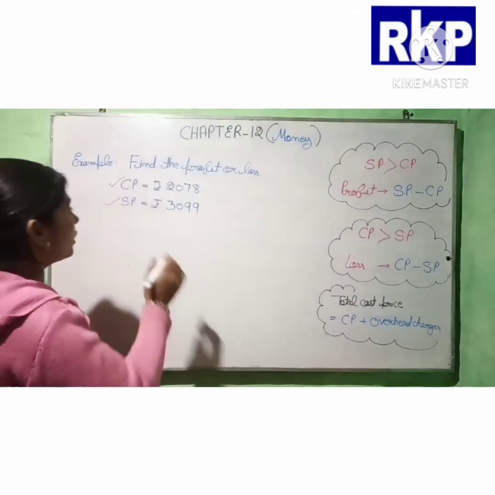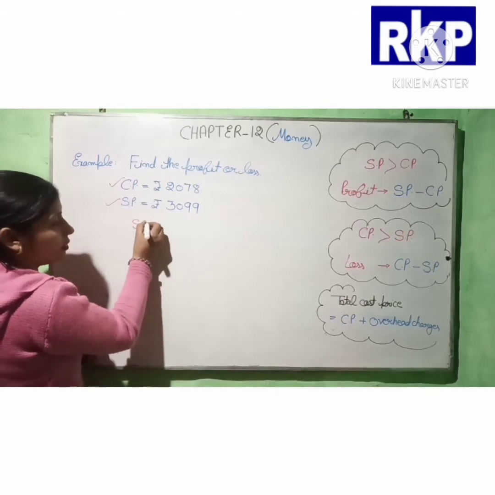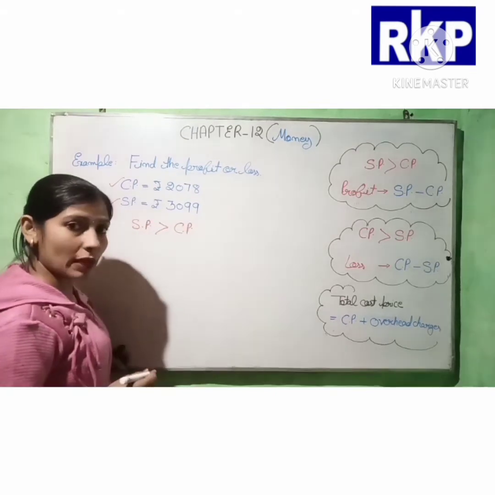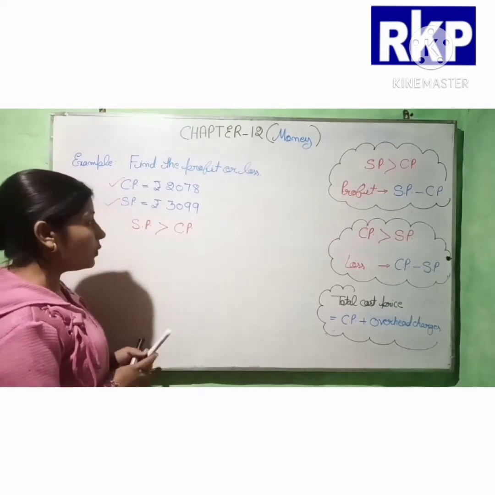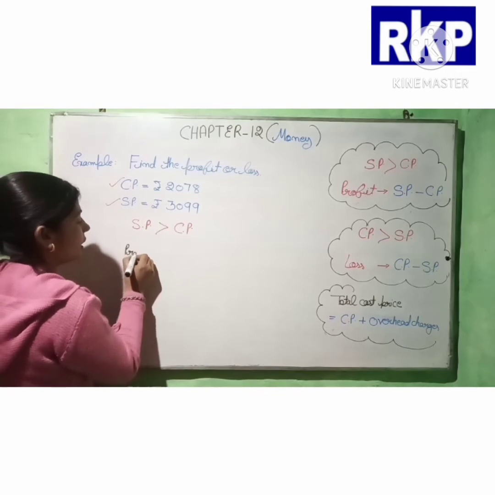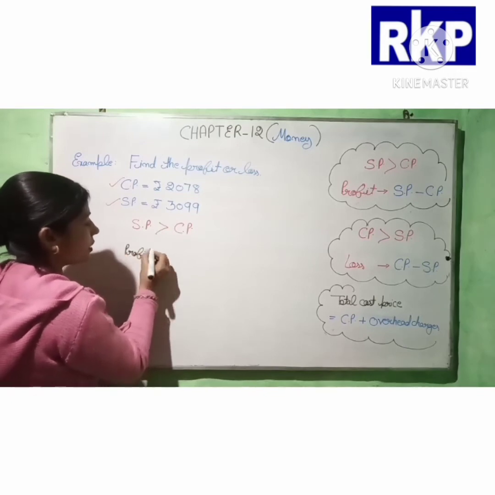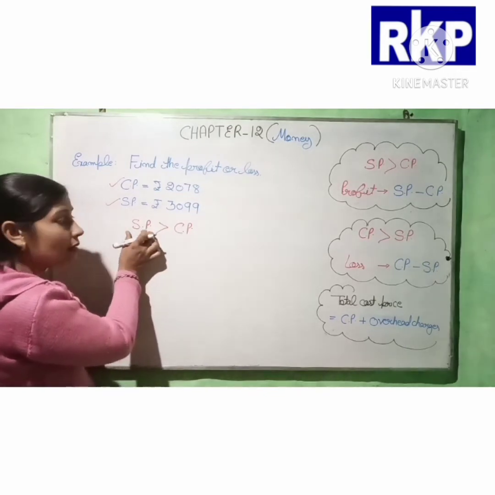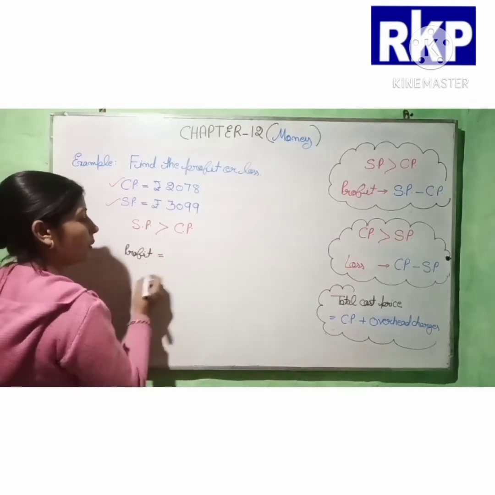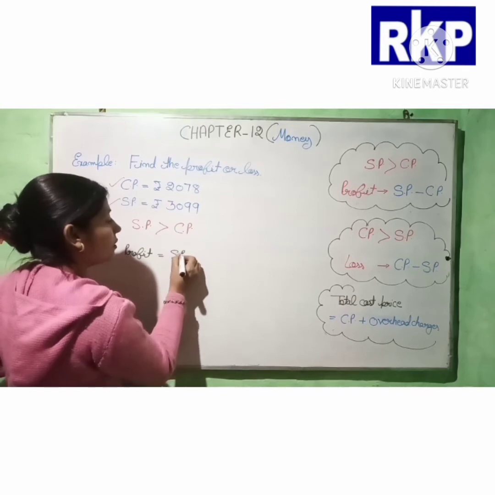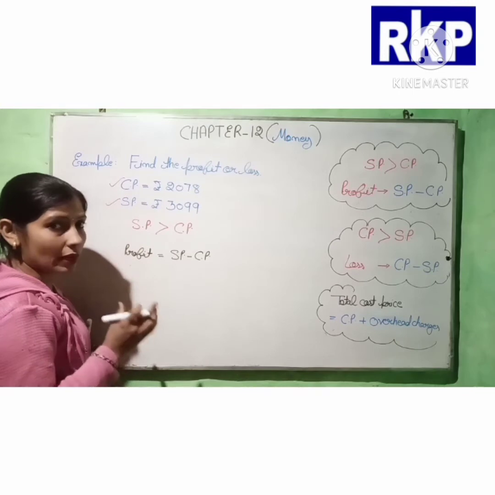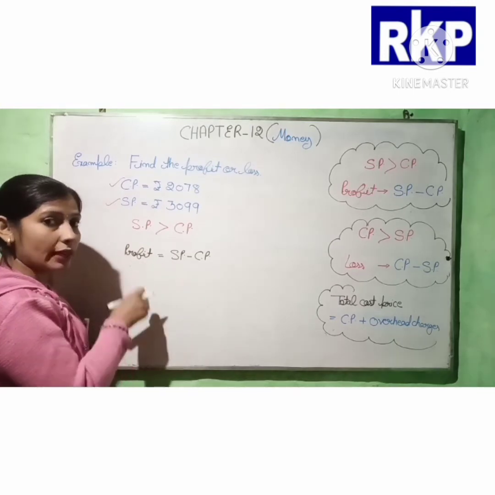So here, beta, selling price is greater than the cost price. First of all, we have to write the formula. There will be profit because selling price is greater than cost price. So profit will be SP minus CP, because we have to subtract the smaller value from the greater value.